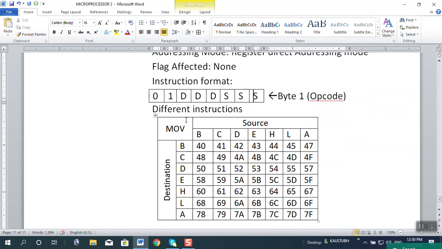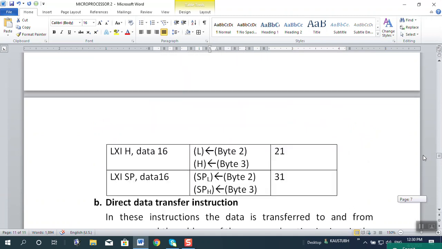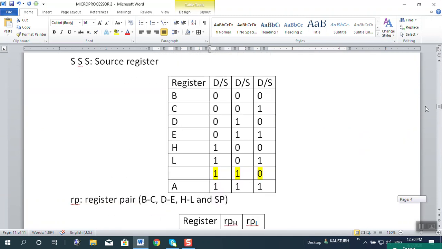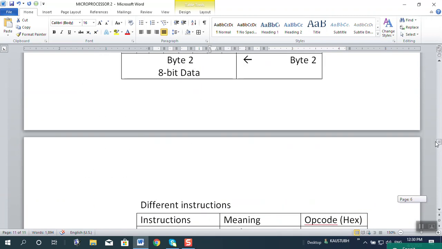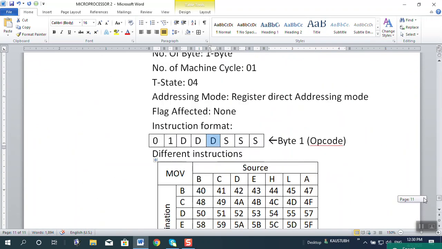Sorry. A means 1, 1, 1, 1, 1, 1, and L is your 101. So it is 101.